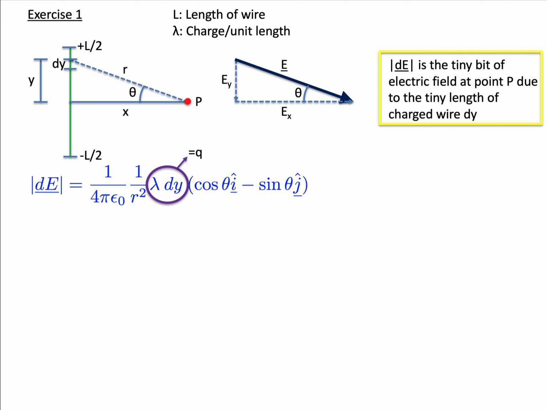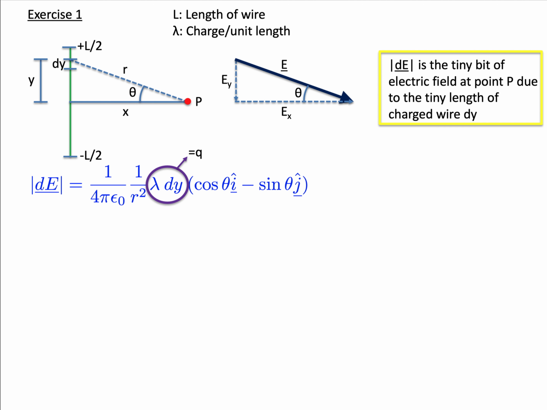As we move down the wire, the Ey produced by that section of wire gets smaller until at the midpoint of the wire there is no Ey component at point P. Then as we move into the lower half of the wire, there is a small component of Ey pointing upwards, which gets bigger until we reach the bottom of the wire. So when we sum up the Eys from the whole wire, the bottom half will cancel the top half and we will have no Ey overall.